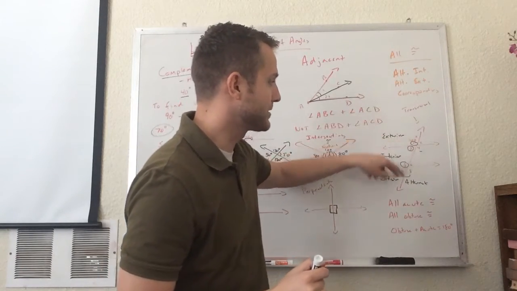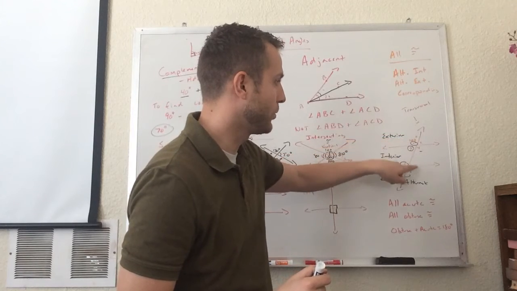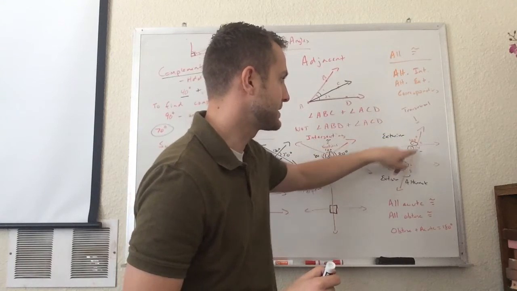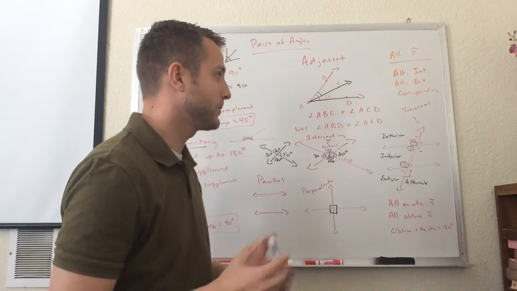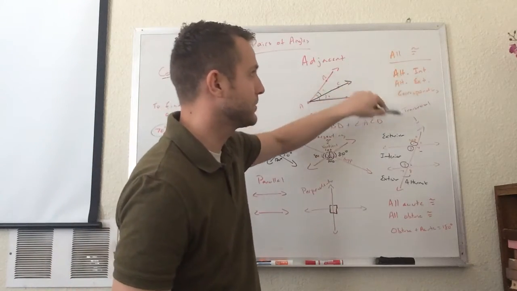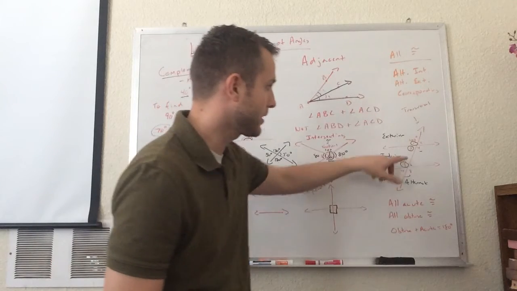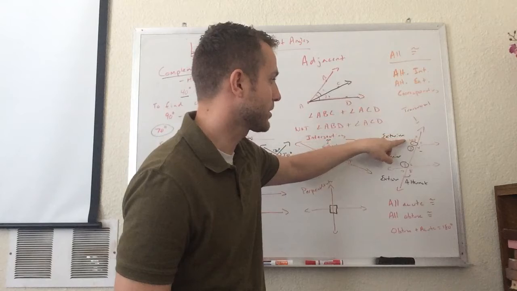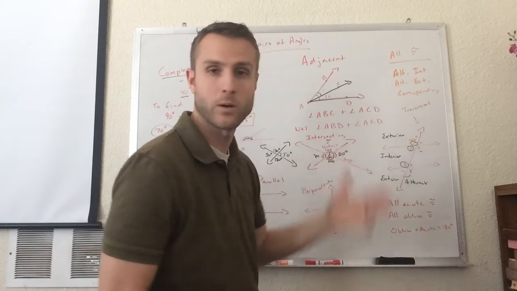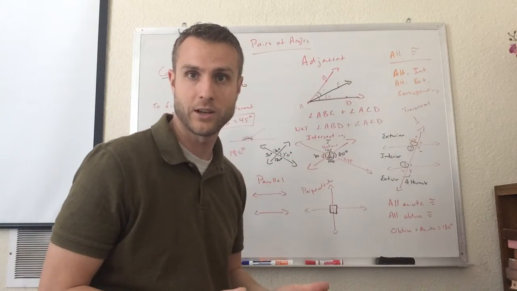Alternate exterior are outside and on the opposite side, so 1 and 8, and then 7 and 2 are alternate exterior. Corresponding, we already went over that, all of these are going to be congruent. If it's alternate interior, 3 and 6, 4 and 5, or alternate exterior, 1 and 8, 2 and 7, those will all be the same angle to each other.